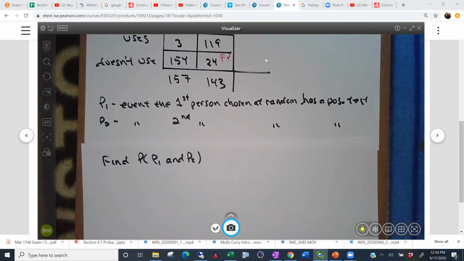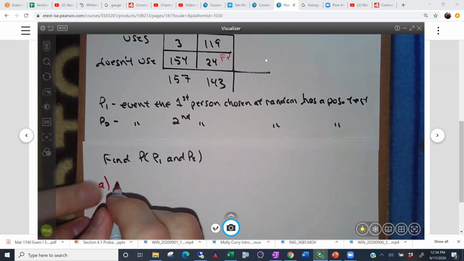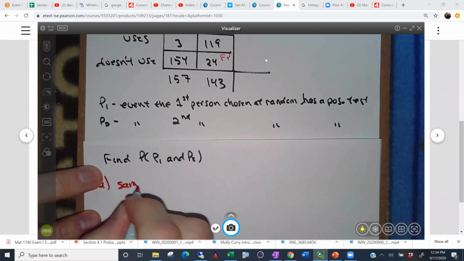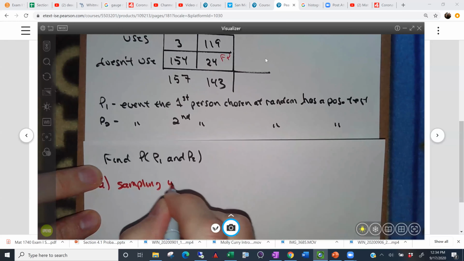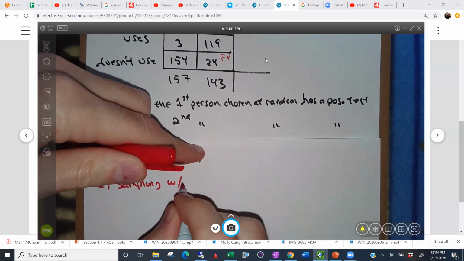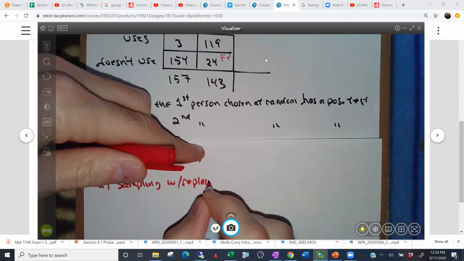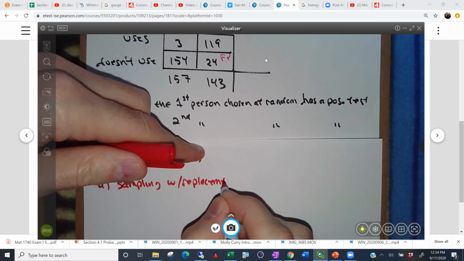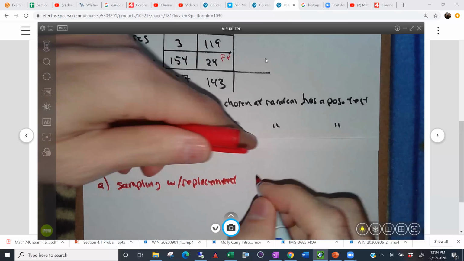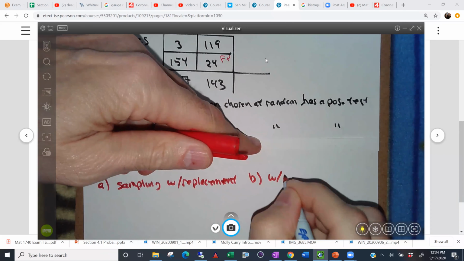And kind of like our last example, we'll do it sampling with replacement and sampling without replacement. So A, sampling with replacement, and B, without replacement.